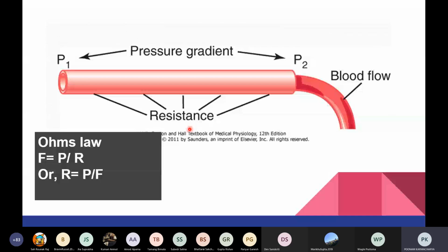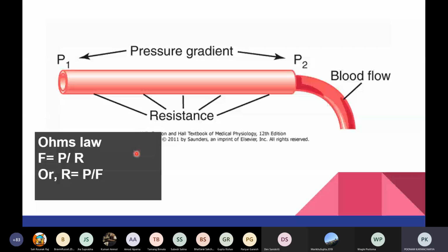That means if the resistance increases, the flow will decline, and if the resistance decreases, the flow will increase. And we can put this formula the other way around to find the resistance: resistance equals pressure gradient divided by flow. So by knowing this formula, we can find out how much resistance is present in our circulatory system.